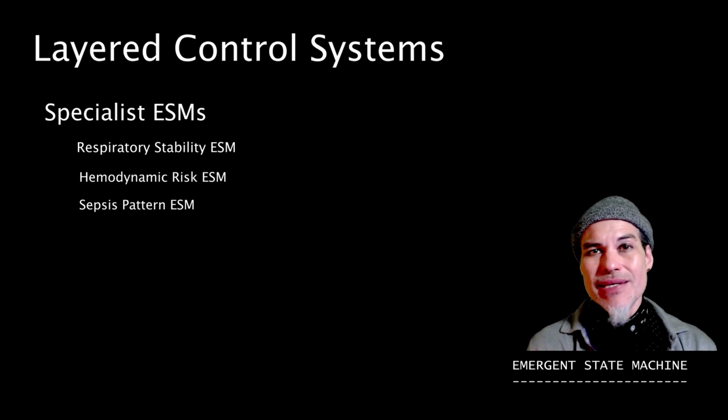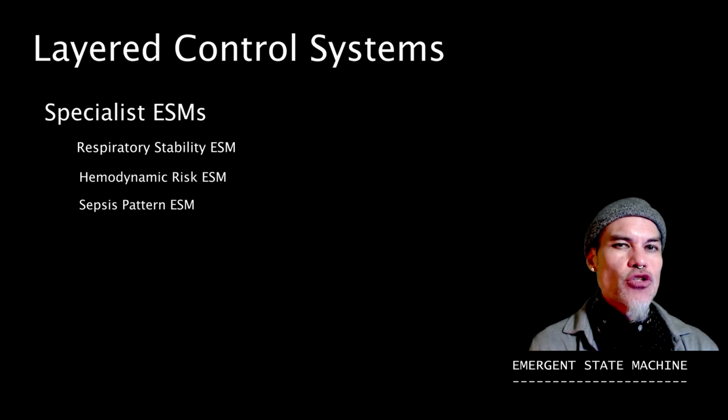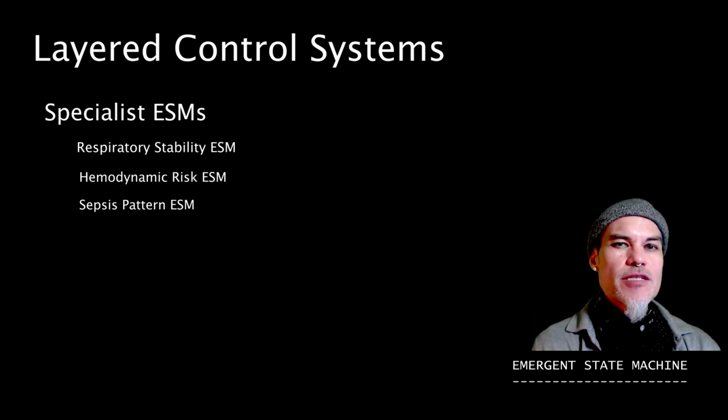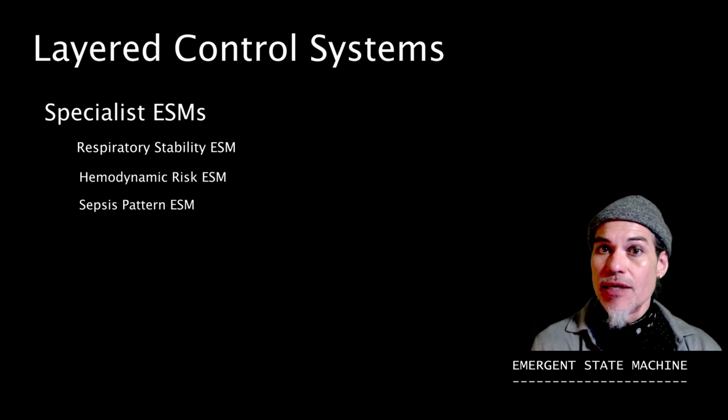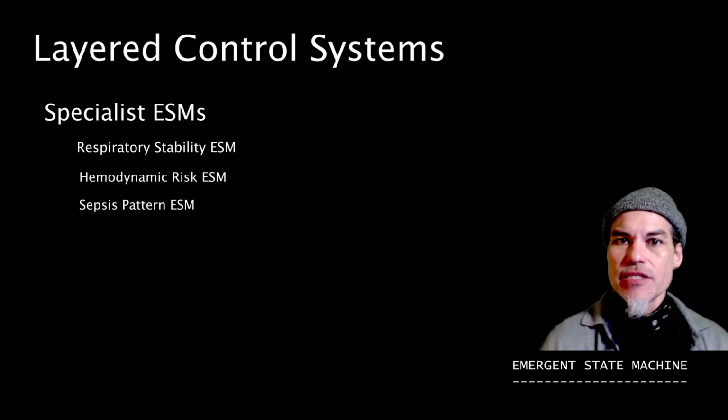An ESM is essentially a small control loop. Because control loops can be layered, ESMs can be nested. That means specialist systems can produce signals, and those signals can become inputs to higher level systems.